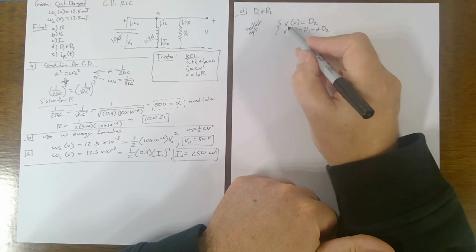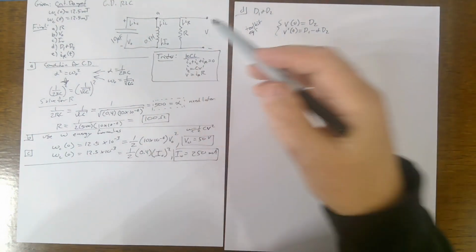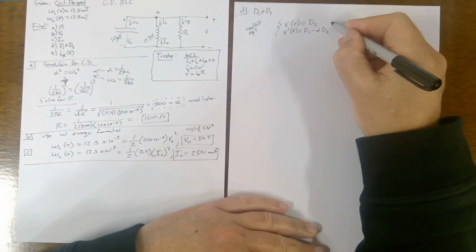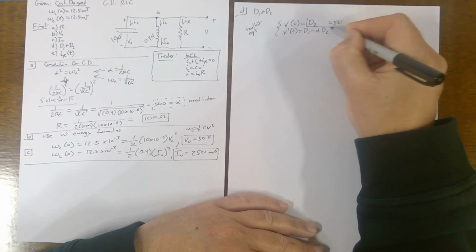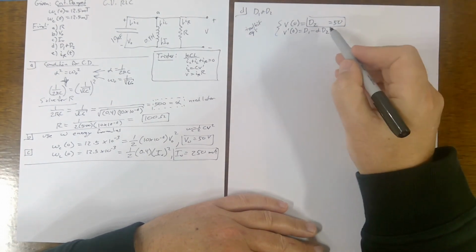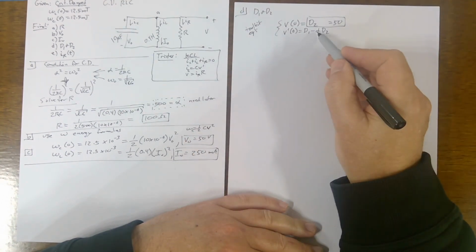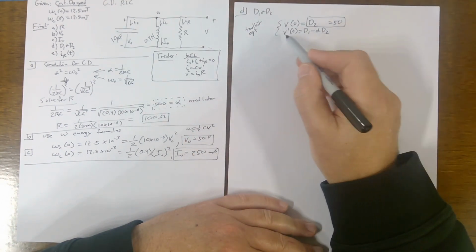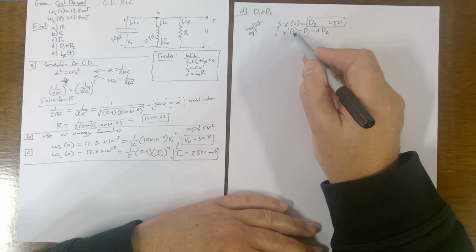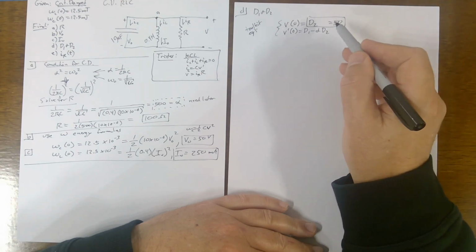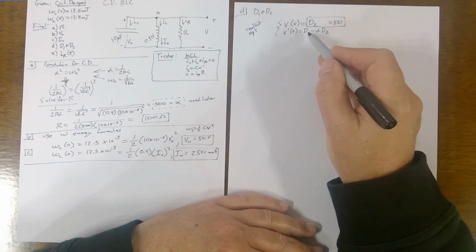But V0, we just solved for that, it's 50. So this is 50. So basically we know D2 already. We know alpha. Alpha was 500. We figured that out already. We know D2. If we had V prime at 0, the only unknown would be D1, and we could solve for D1.